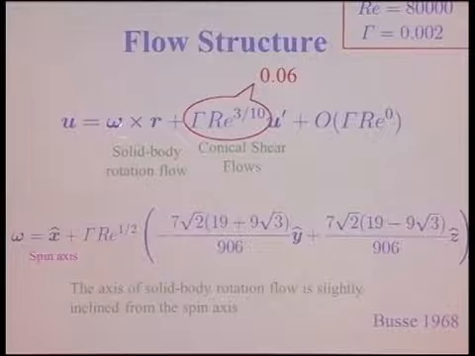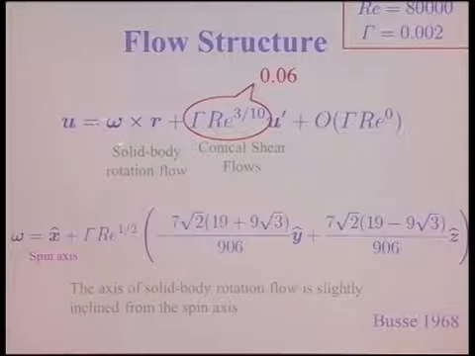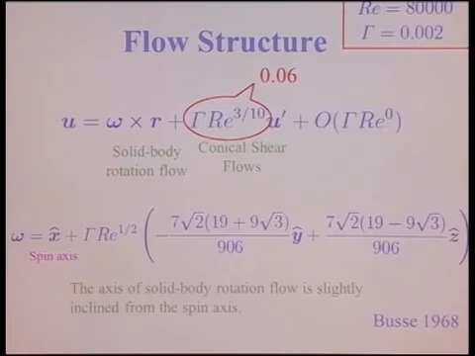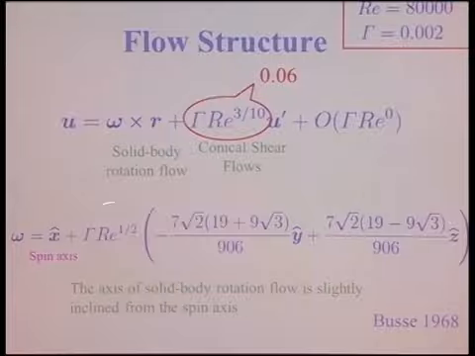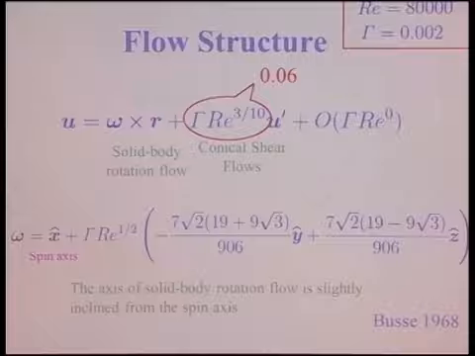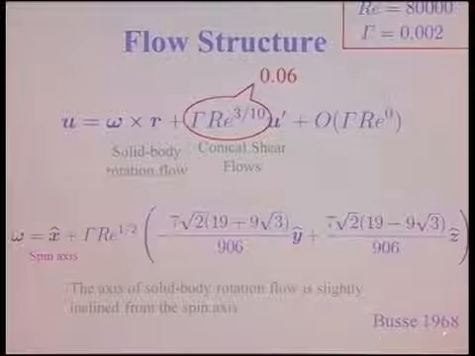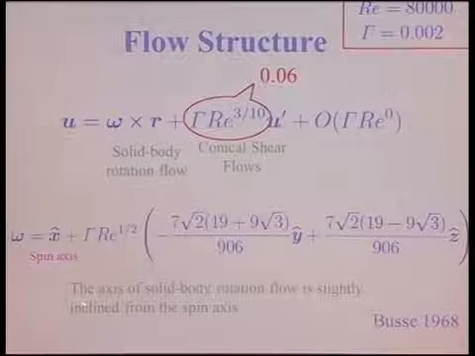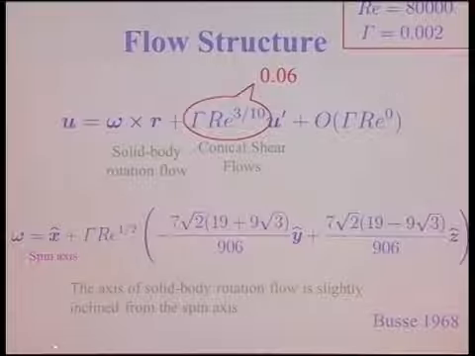The solid body rotation, this omega, is the sum of the spin rotation plus this first order solution. Actually, this part was derived before by Busse. So the axis of solid body rotation was slightly inclined.